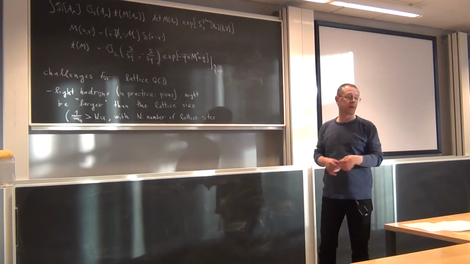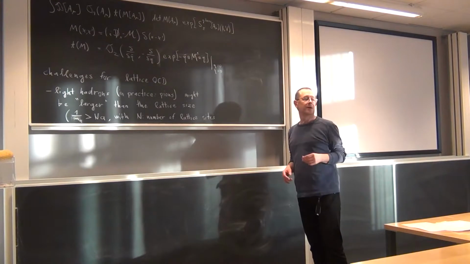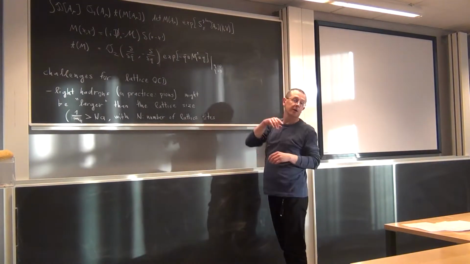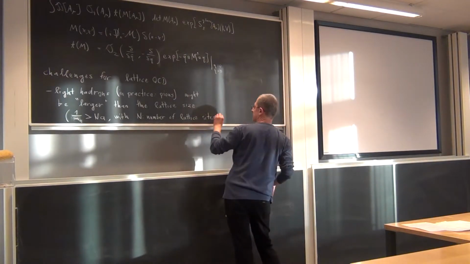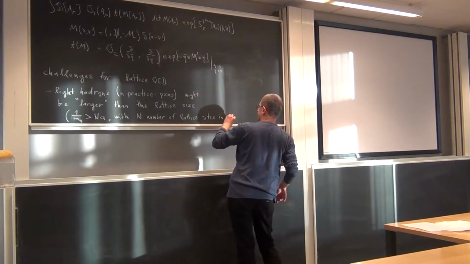This is not the total number in all 4 directions, in the direction of beta and the 3 spatial directions, but the number of lattice sites in one dimension, or in one direction.